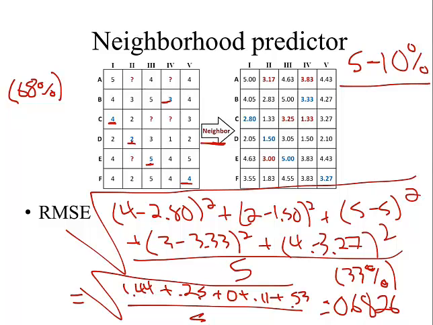One other point we should make, though, is that while we expect the overall RMSE to go down, and it won't necessarily always go down, but we expect that it will, it's not going to be the case for each individual part. Remember, the neighborhood predictor is a heuristic that we use, so it's not guaranteed to reduce the RMSE on any given value.